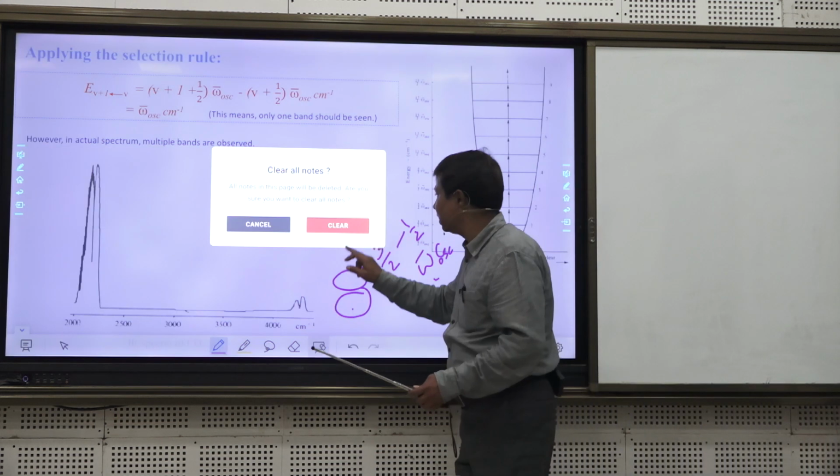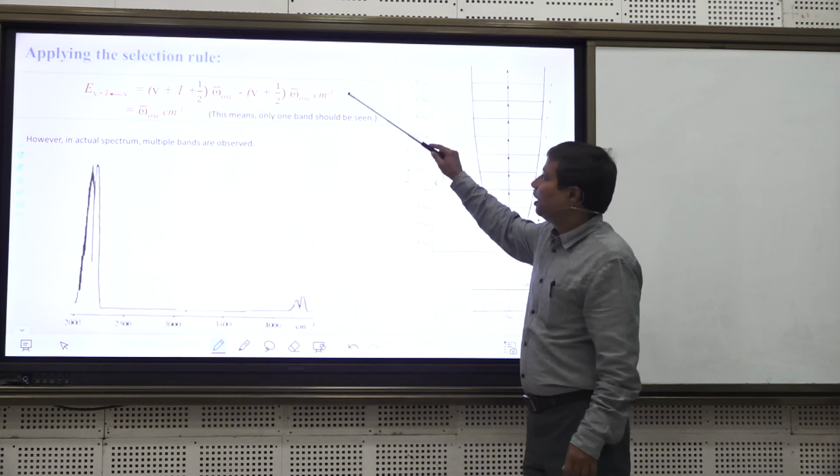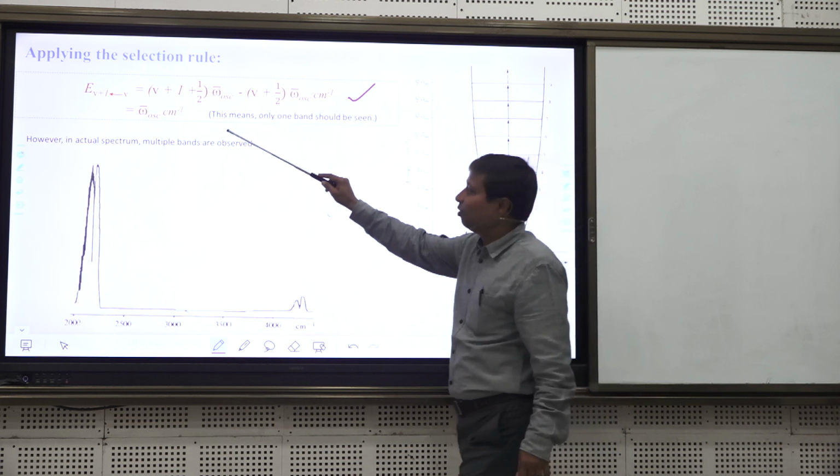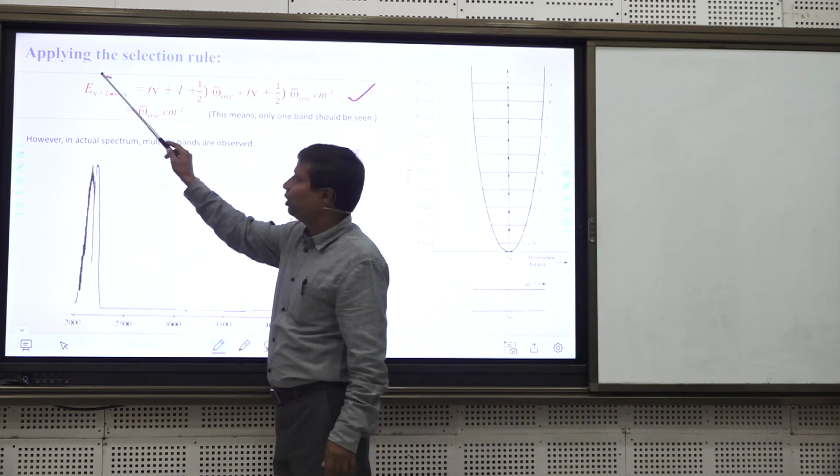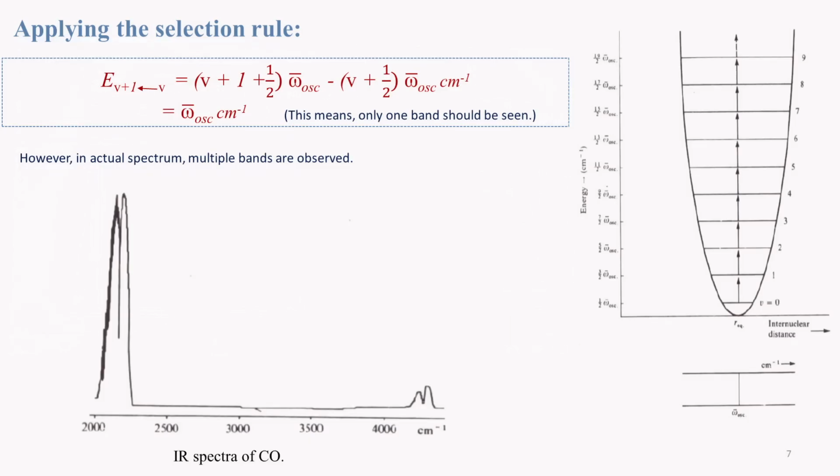So this means that whatever expression we are seeing, if we calculate a transition from V to V plus 1, first put in the expression V plus 1 minus V, then you get omega OSC. So you get only one band, because you think of a transition here, omega OSC. If you think of a transition from here to here, calculate.